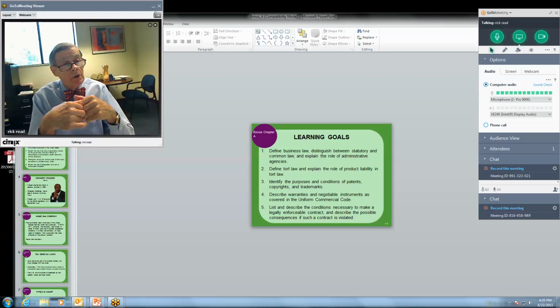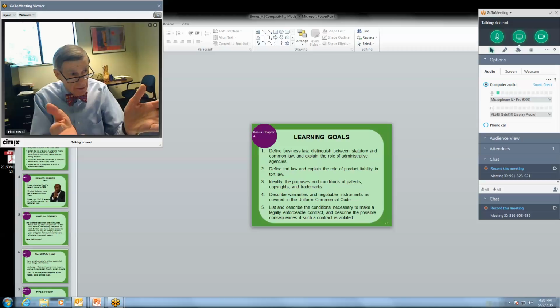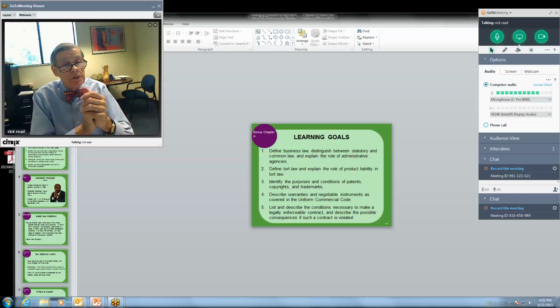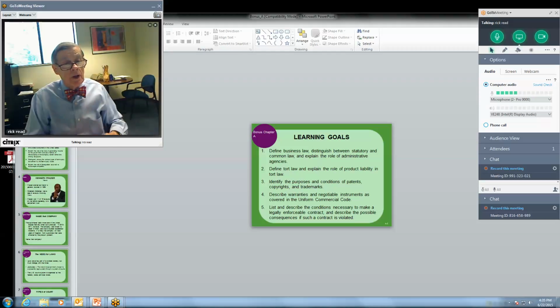Identify the purposes and conditions of patents, copyrights, and trademarks. Remember, we've talked a little bit about trademarks in the past. Describe warranties and negotiable instruments as covered in the Uniform Commercial Code, and then list and describe conditions necessary to make a legally enforceable contract. And describe the possible consequences if the contract is violated.